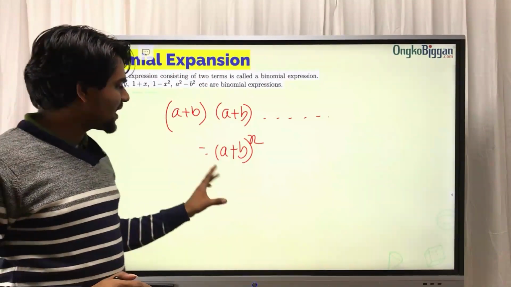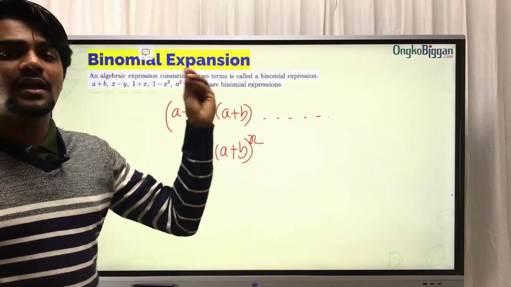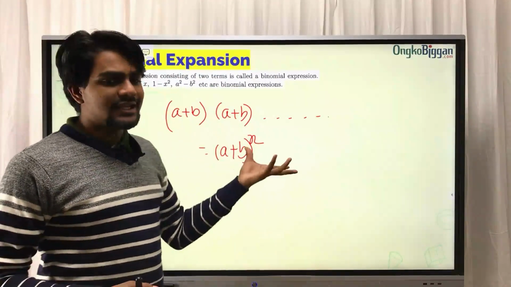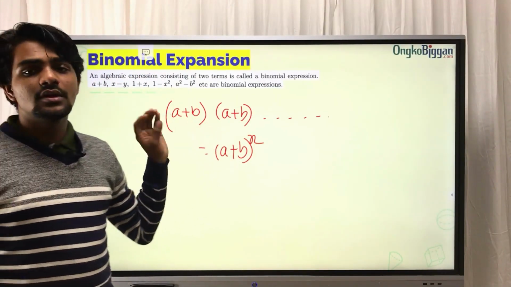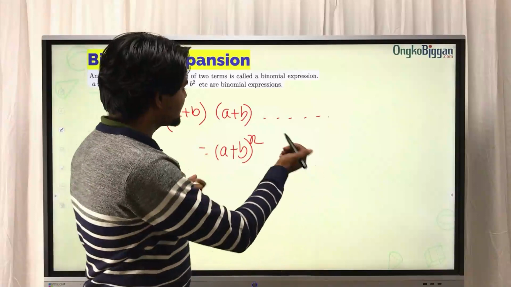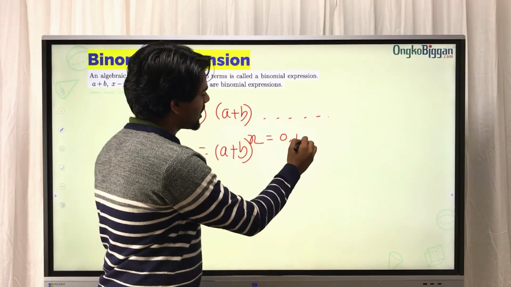That is, I have multiplied the expression a plus b with itself n times. This n can be 0, 1, 2.